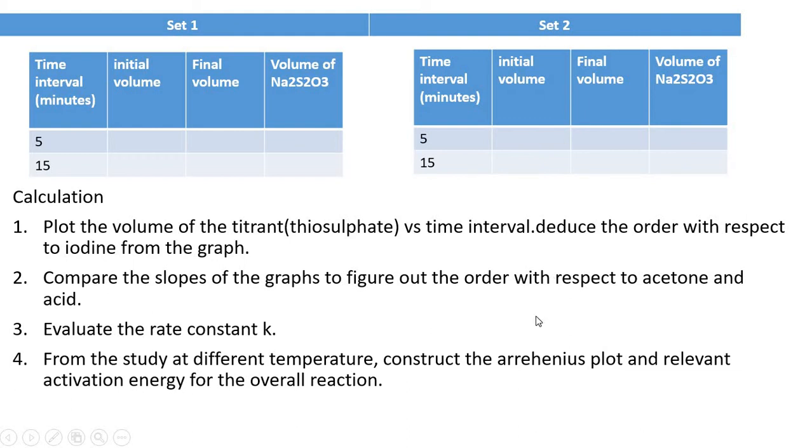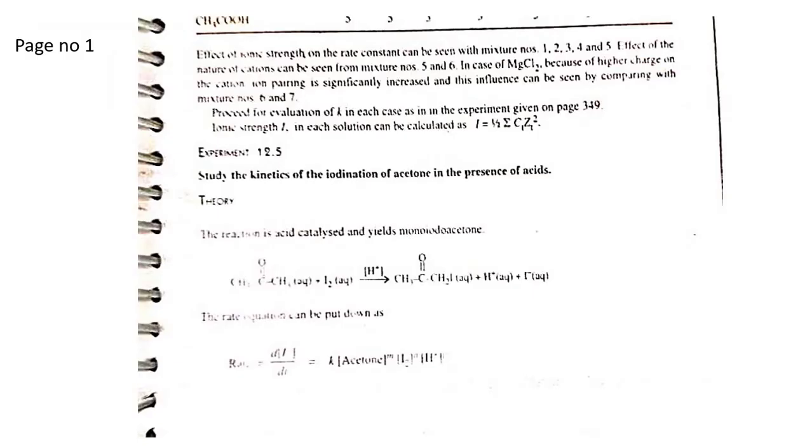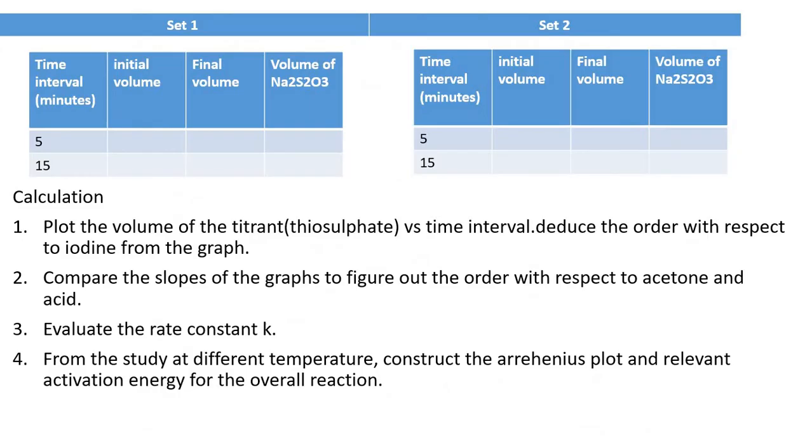So to explain the calculation part, you just need to take two sets of different volumes. In the first set take 10 ml and in the next set take 5 ml. Plot the volume of the titrant versus time interval.